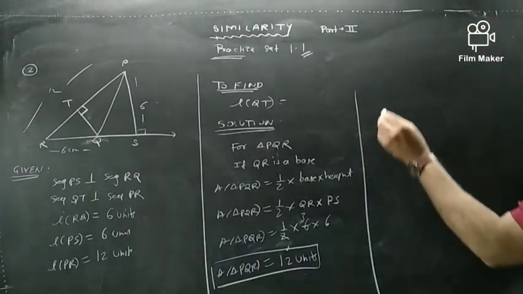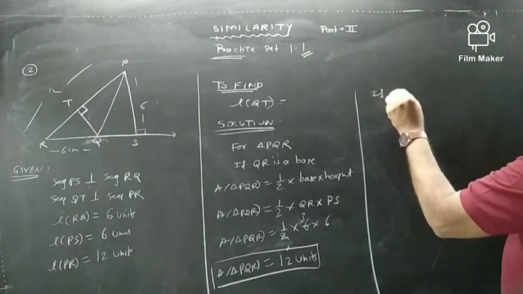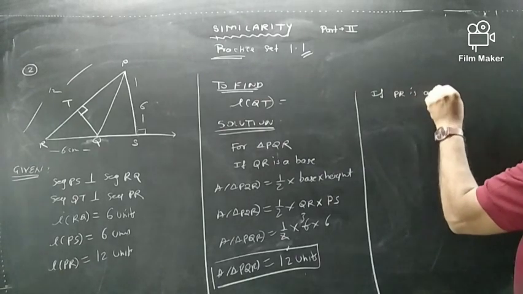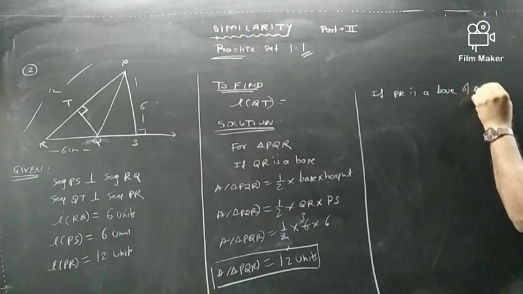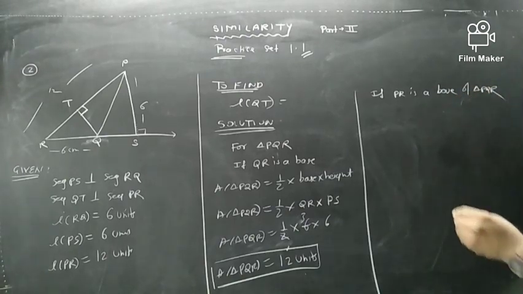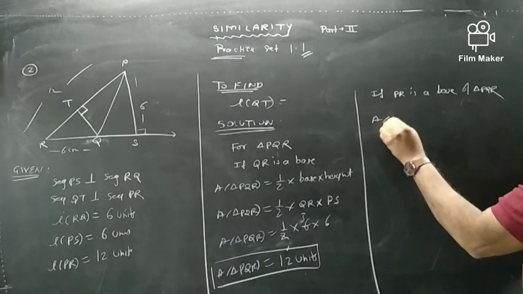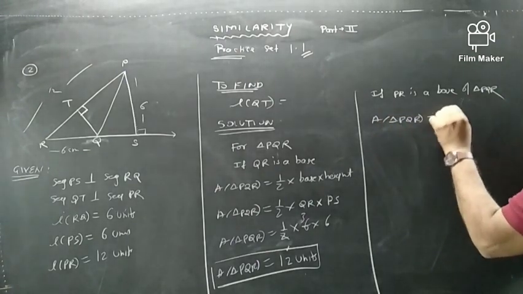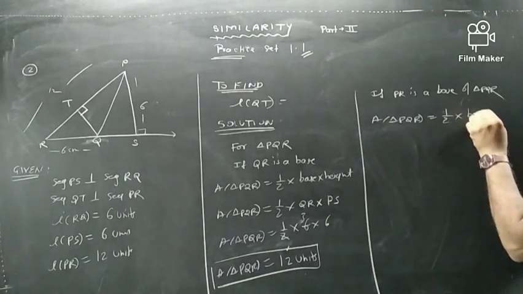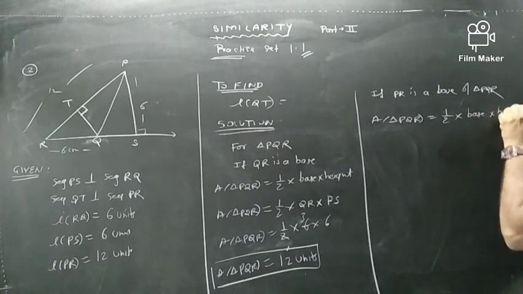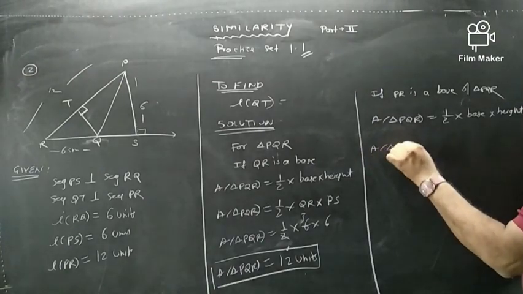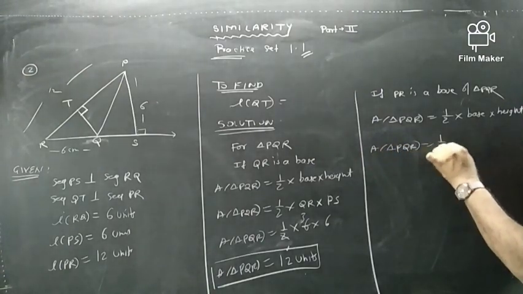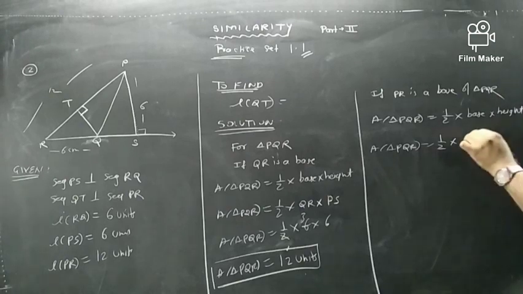So I can say, if PR is a base of triangle PQR, then again area of triangle PQR is equal to half into base into height. So area of triangle PQR is equal to half into PR into QT.